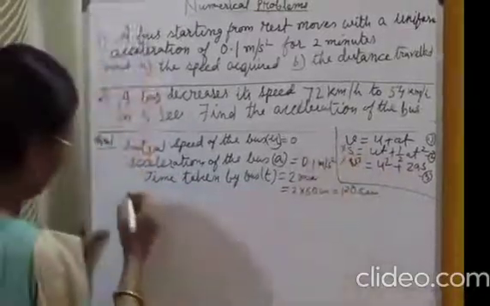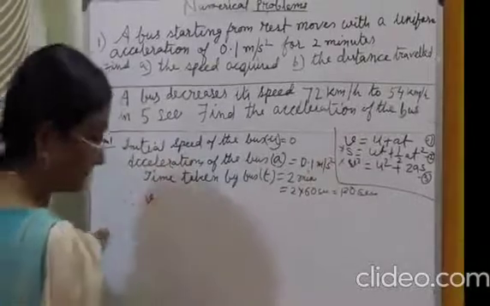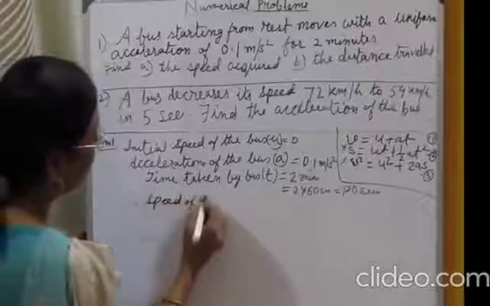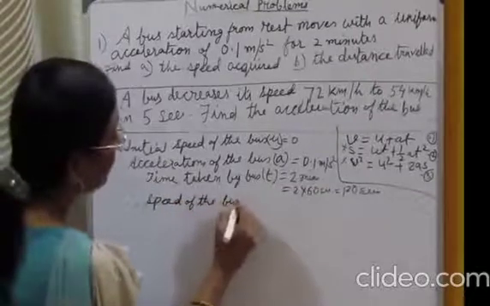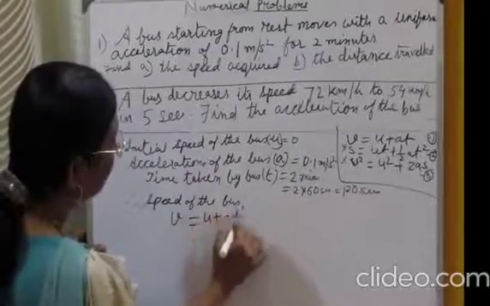Therefore, speed of the bus: v equals u plus at.